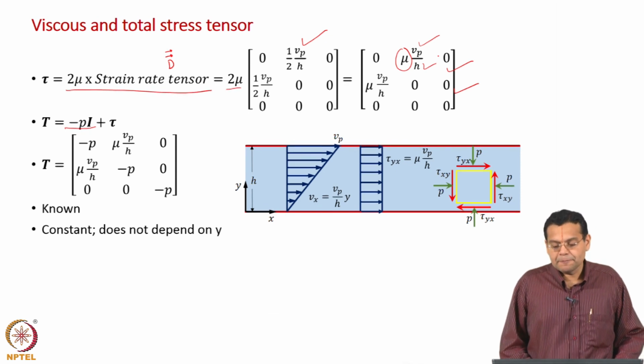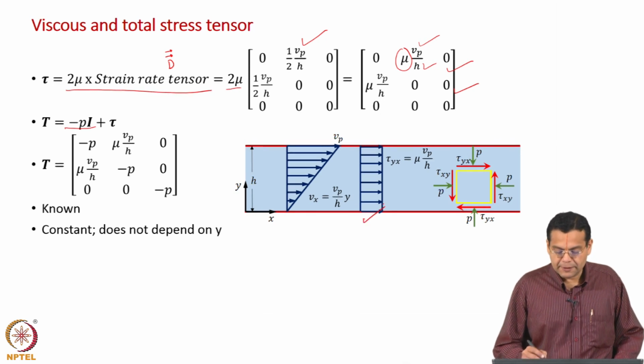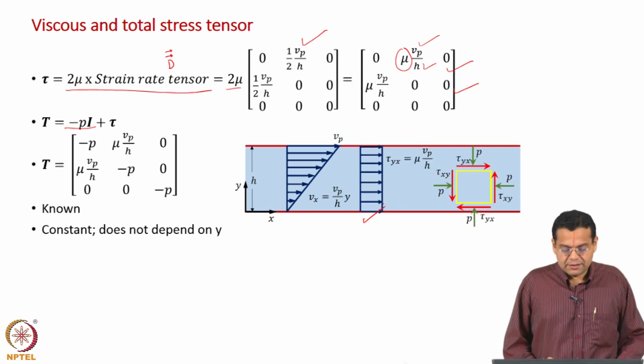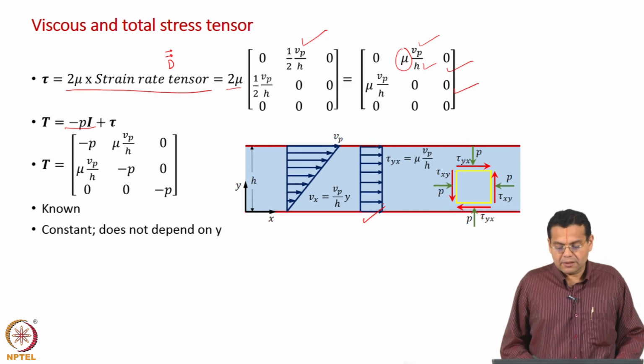If you look at the viscous stress tensor, mu is a constant, V p is a constant, h is a constant, so it does not depend on y, and that is what is shown here. The viscous shear stress does not depend on y, just a constant.